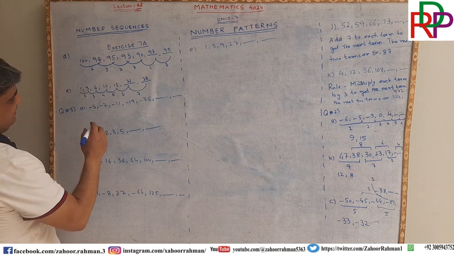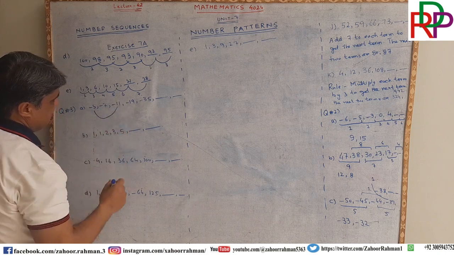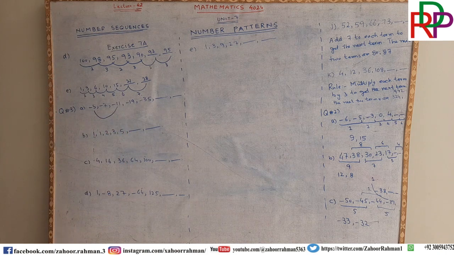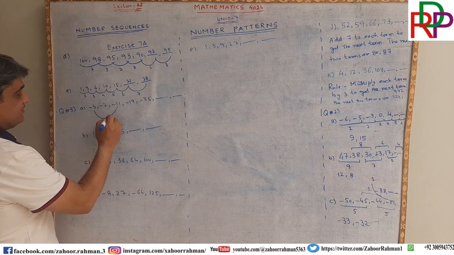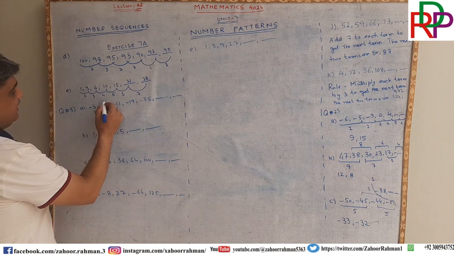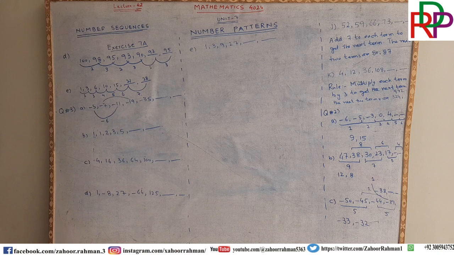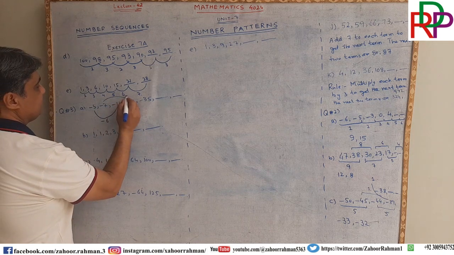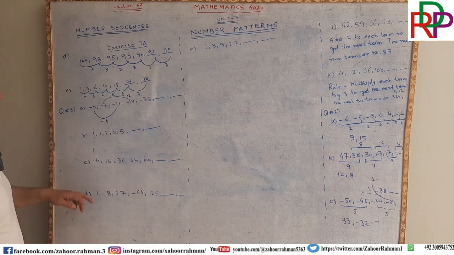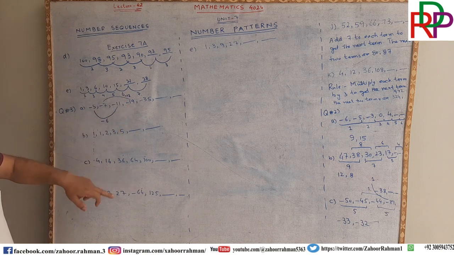Ladies and gentlemen, if we find the difference between these two, it will be -6. And if we find the difference between these two, it will be -12. Because if we add -7 and -12, it will give you -19.